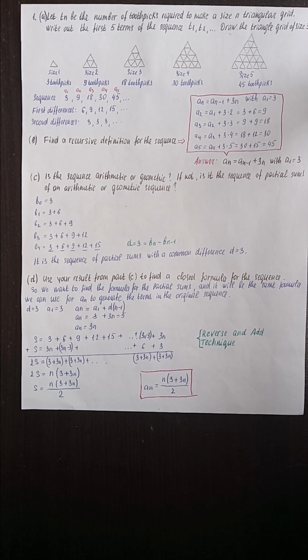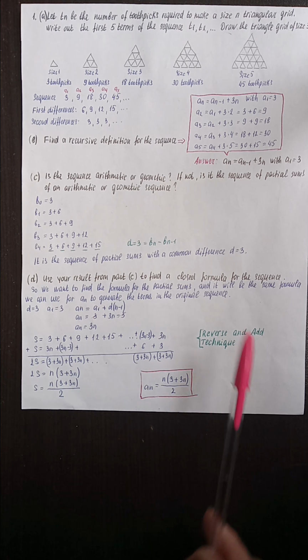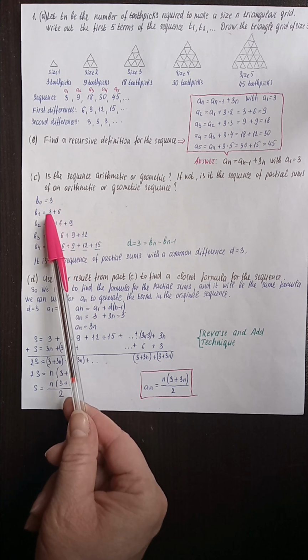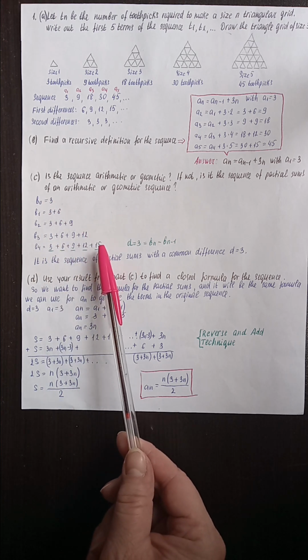So the sequence is of partial sums with common difference d equal to 3. So the sequence is 3, 6, 9, 12, 15.